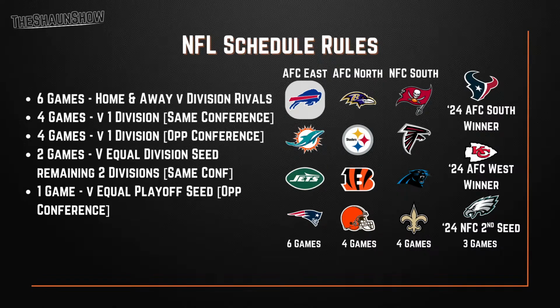They were the 2nd seed in the AFC, which means that this season they will verse last season's NFC 2nd seed. Okay. So overall, Bills came second in the AFC, so they have to verse the second overall in the NFC, and that in this case happens to be the Eagles.